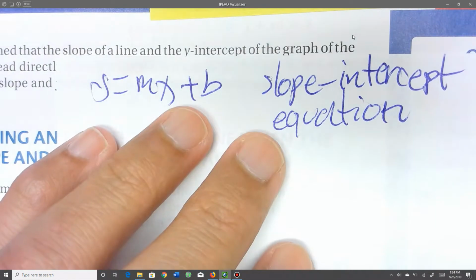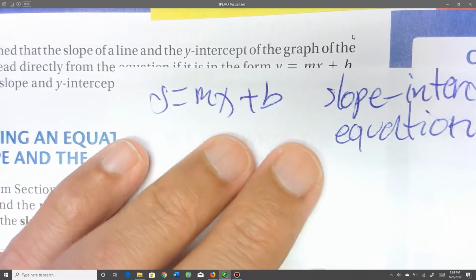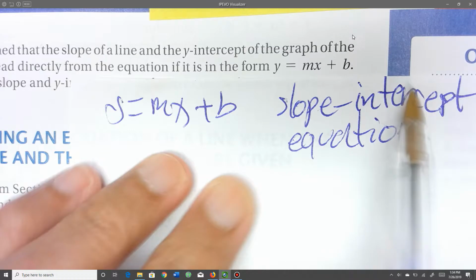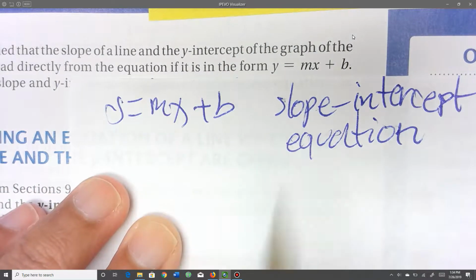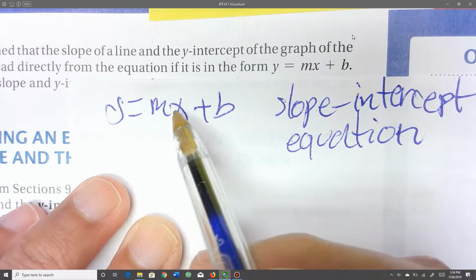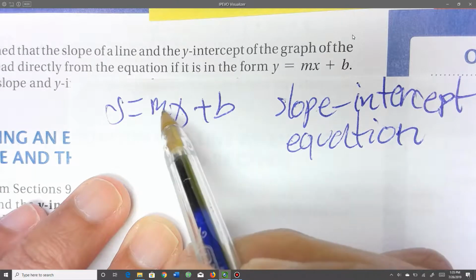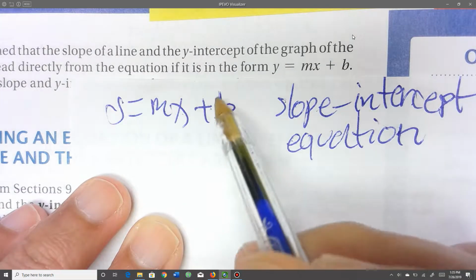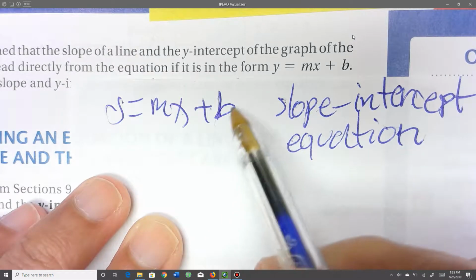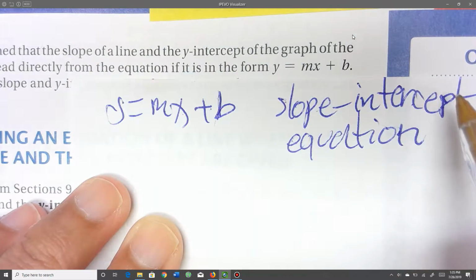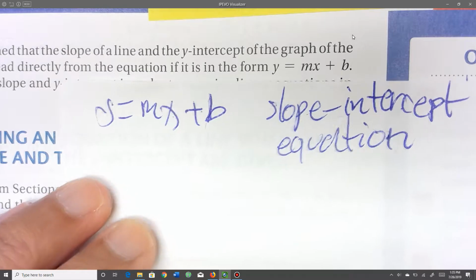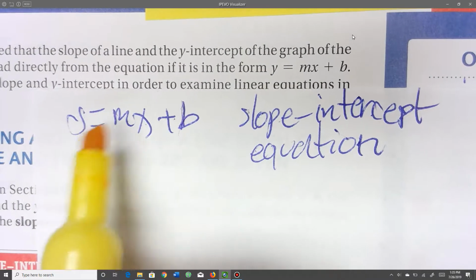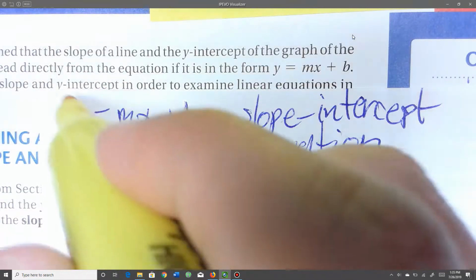Yeah, we use it plenty. So slope intercept, and we call it the slope-intercept equation because m, the coefficient of x, is the slope, and the intercept is b. So b is the intercept. We already knew that though. Okay, so remember the name. Slope-intercept form. The slope-intercept equation is that. Memorize this too.